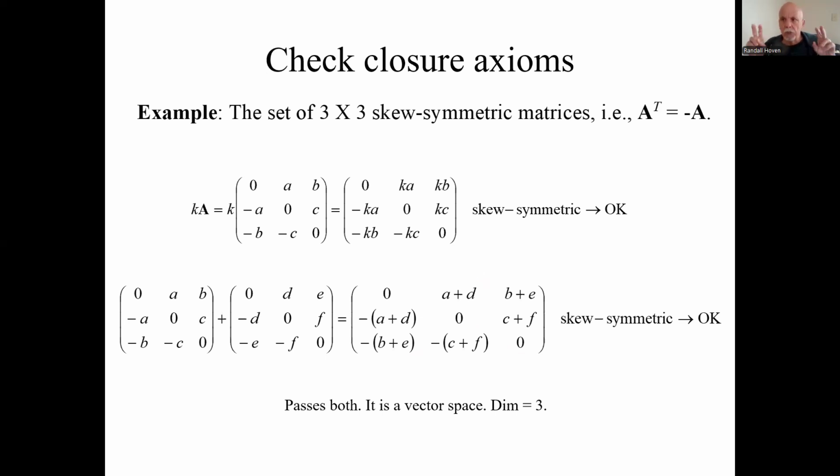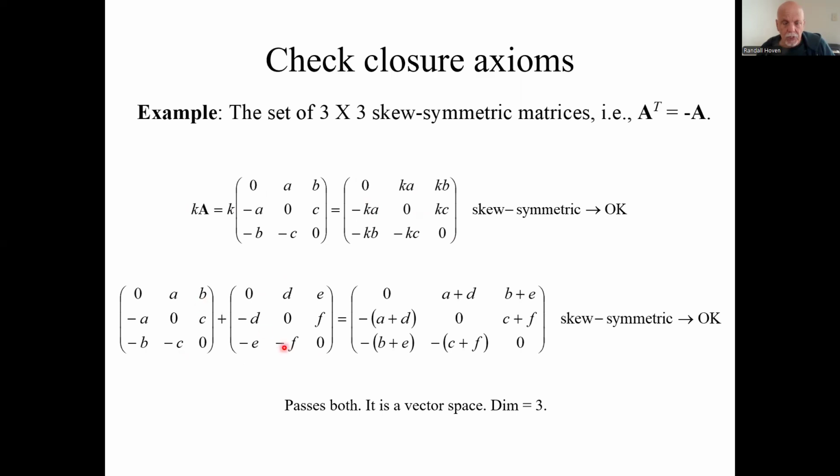Now we'll use generic elements to test the two closure properties. Here's scalar multiplication. Multiply that generic element by a k. That means it goes into everything. And I can see that this result is still skew symmetric. I'm still in my set. Now I'll check addition. Here's a different generic element.